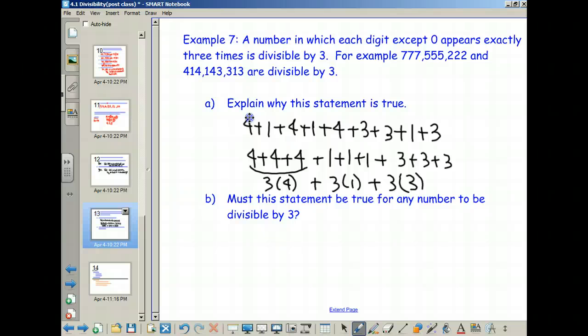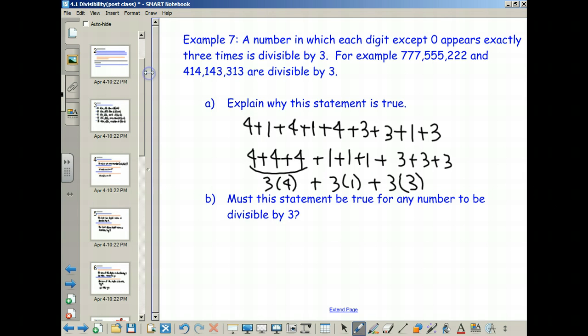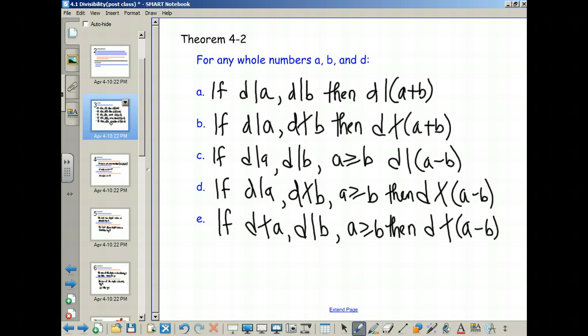We had a property way back at the beginning. It said, and this of course did this just for 2 numbers, that if each of the 2 numbers are divisible by 3, then their sum is divisible by 3. Well, that's what we've got going on here. We have each one of these components being divisible by 3, so the sum, when we add them all together, is going to be divisible by 3.